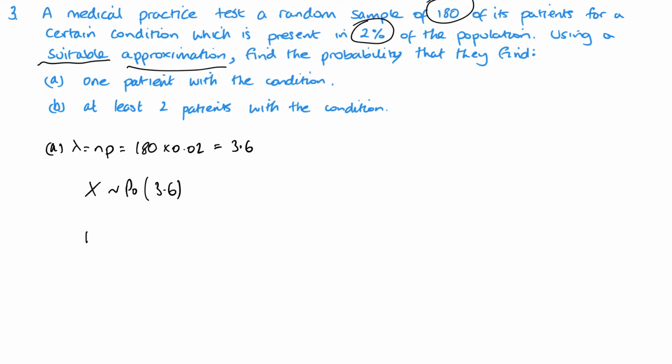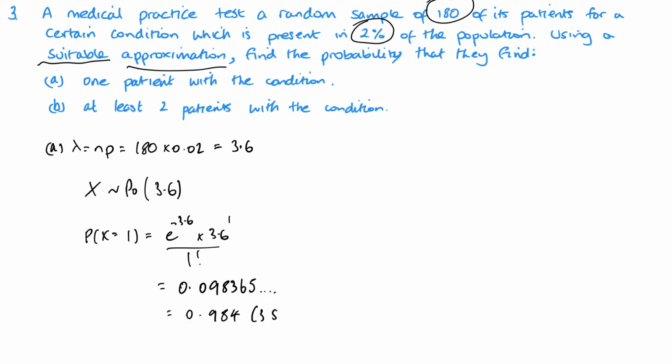Now, one patient, so the probability when x equals 1, and then using the formula, we've got e to the minus lambda times lambda to the power 1 over 1 factorial. And that gives me 0.09836 and so on, or 0.984 to 3 significant figures there.